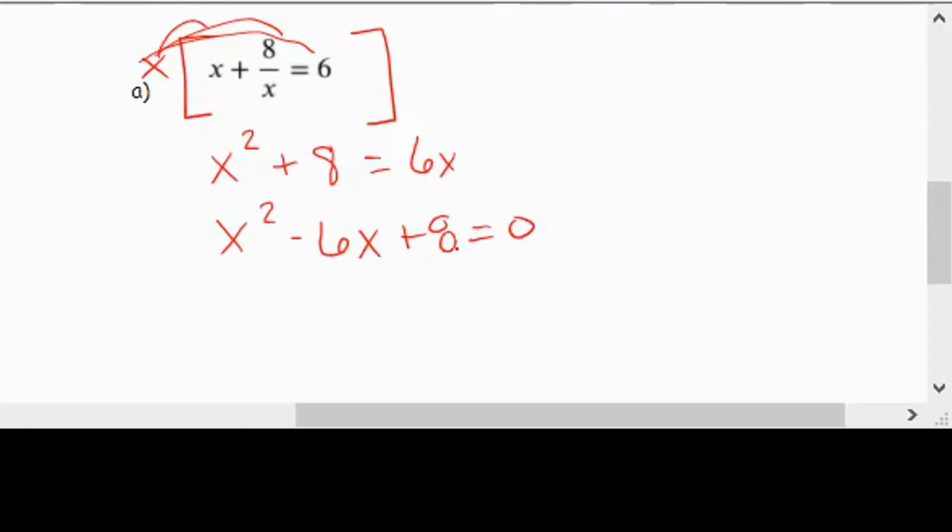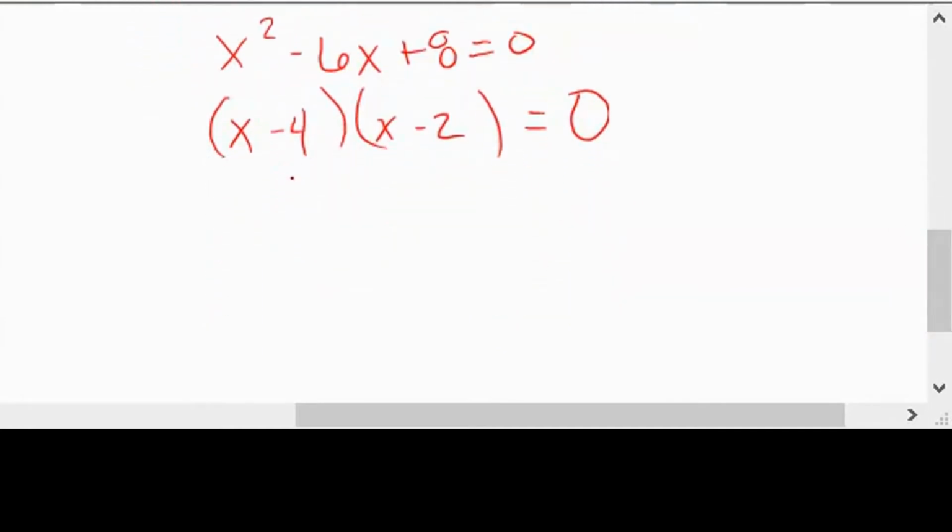And it looks like I can factor this because the factors of 8 that add up to -6 are 4 and 2. So now that I have my equation factored, I'm going to go ahead and solve using zero product property, and that gives me solutions of +2 and +4.